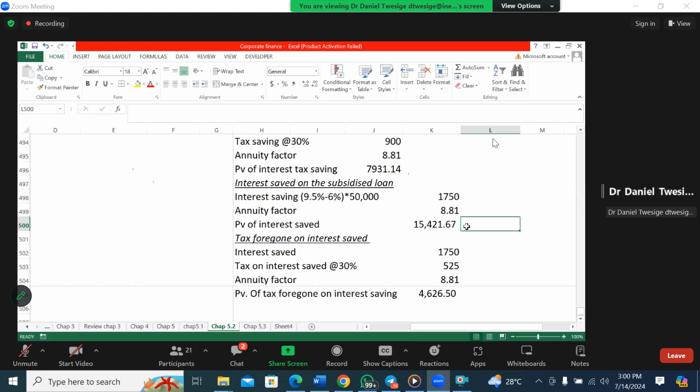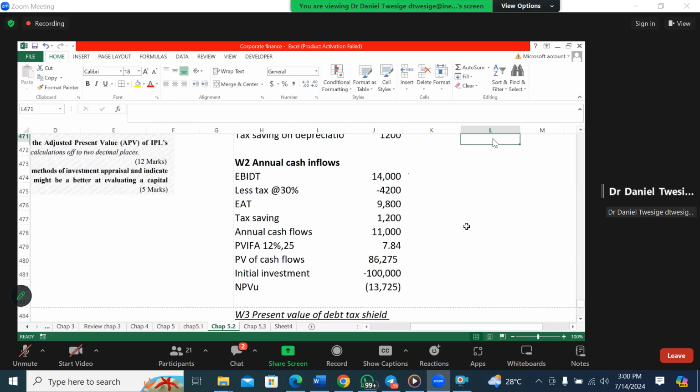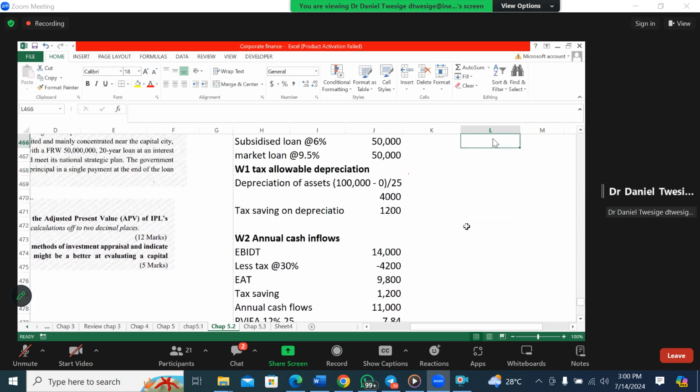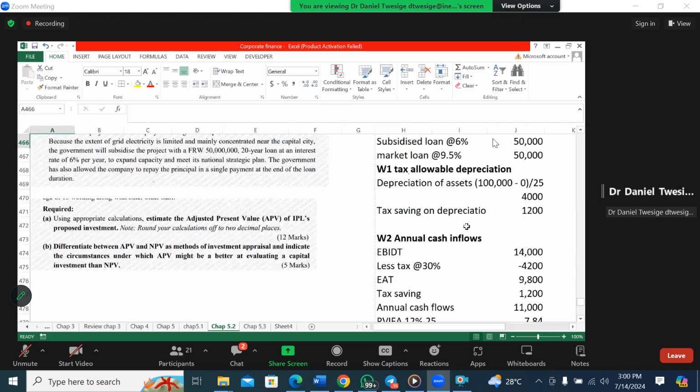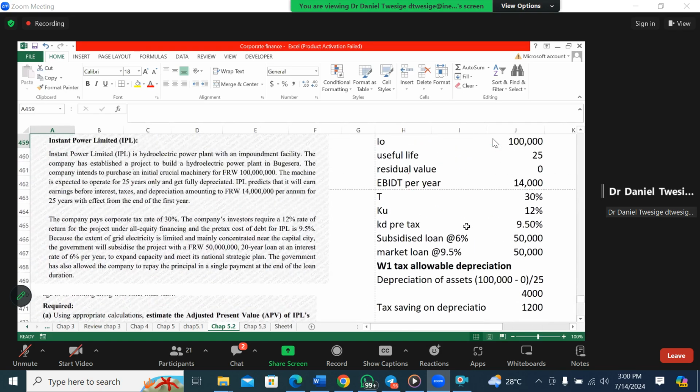In this question, maybe I didn't copy it. Each cost. Where? Do you have each cost in this question? Sorry, there is no issue. We don't have. I think there is no each cost in this question.